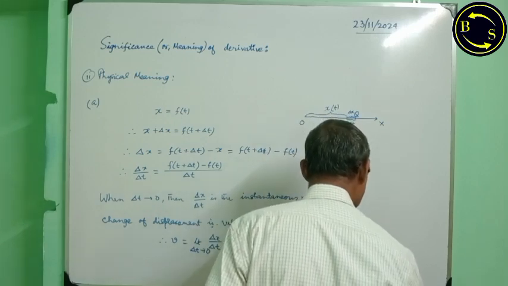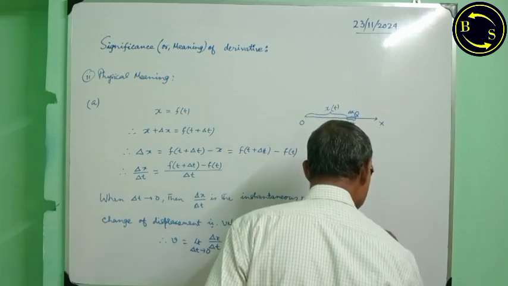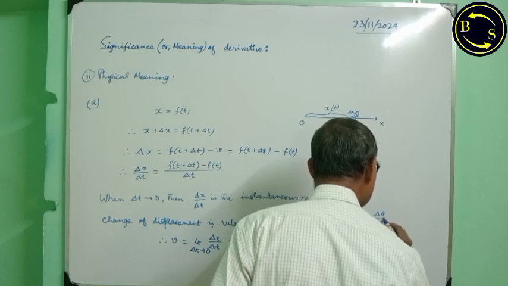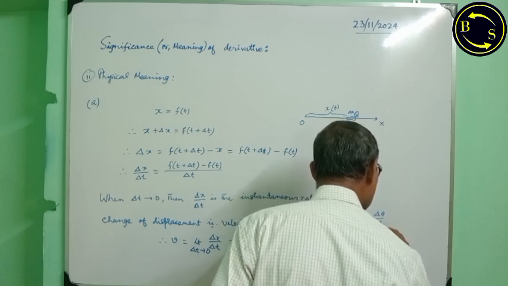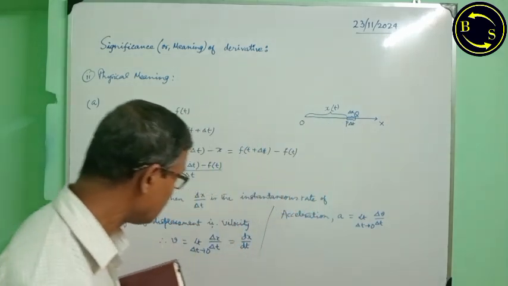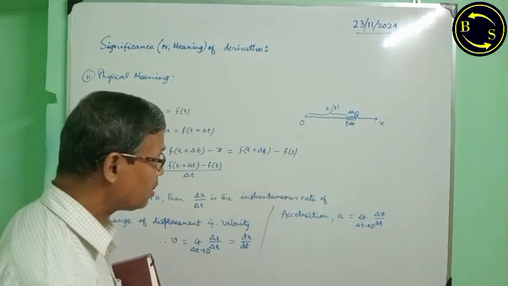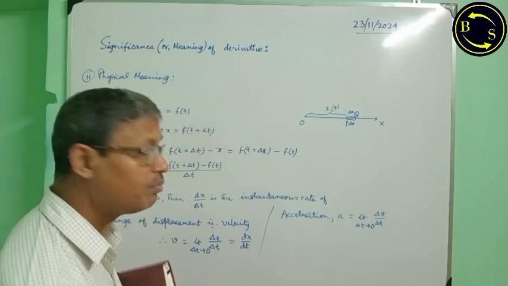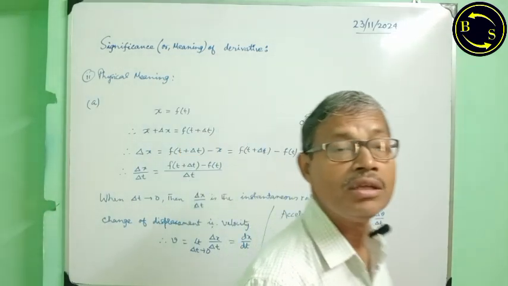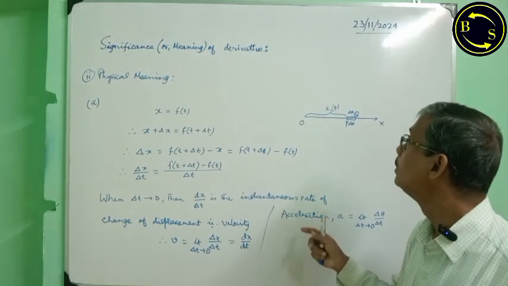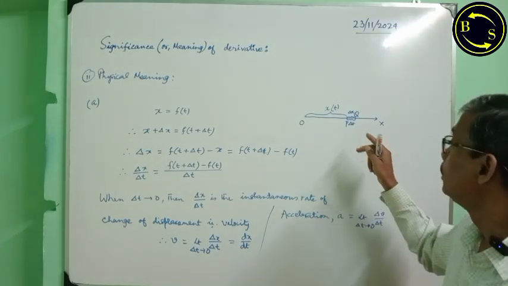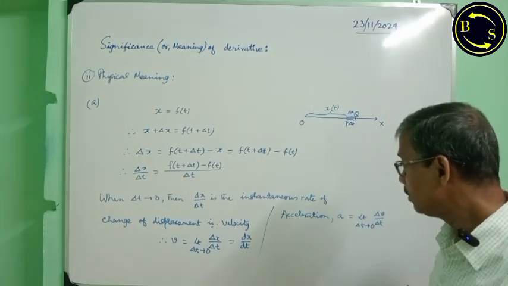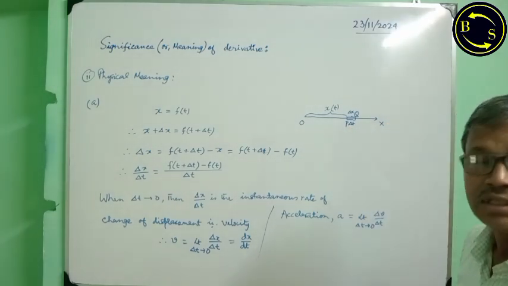Limit delta t tends to 0 delta v by delta t. That means after time t, velocity of the particle v, and after the gap of delta t time, its velocity becomes v plus delta v.